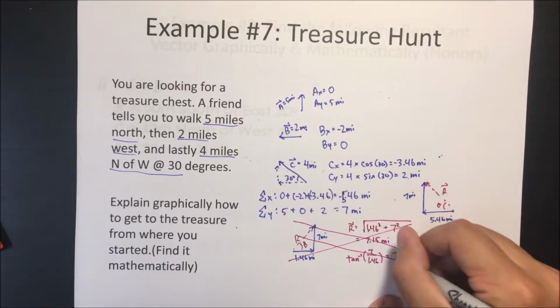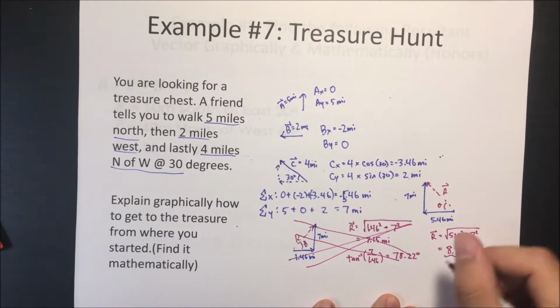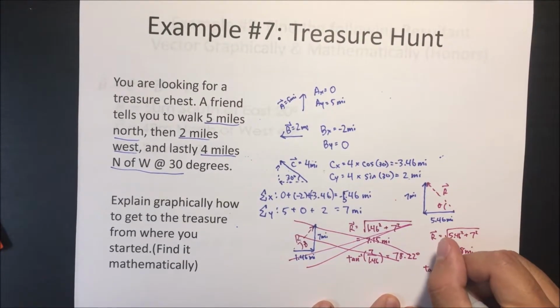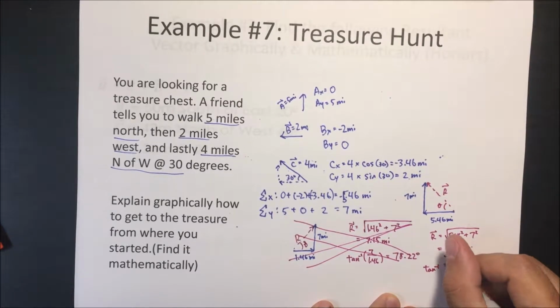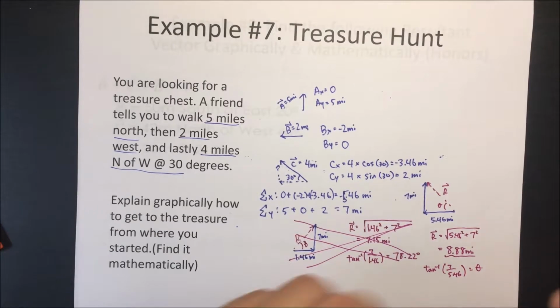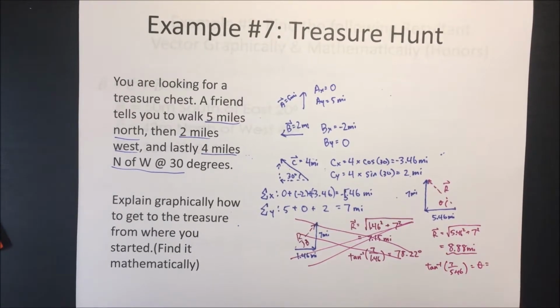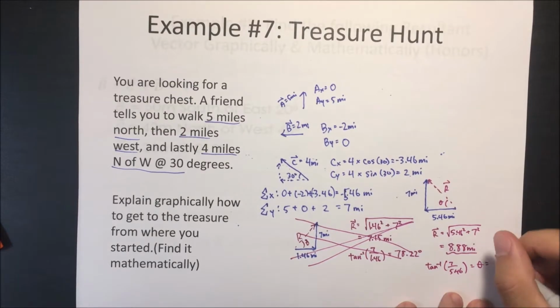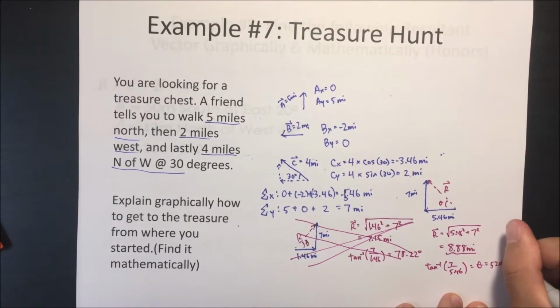And then we're going to find this theta. Tan inverse equals opposite, which is 7, divided by 5.46. This gives us a theta of 52.04 degrees.